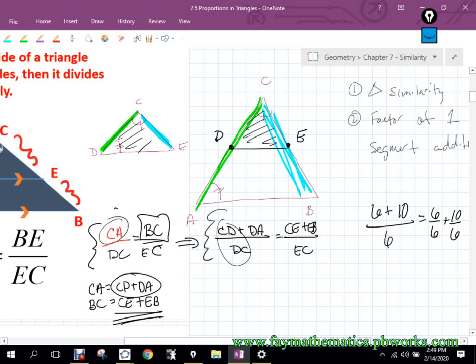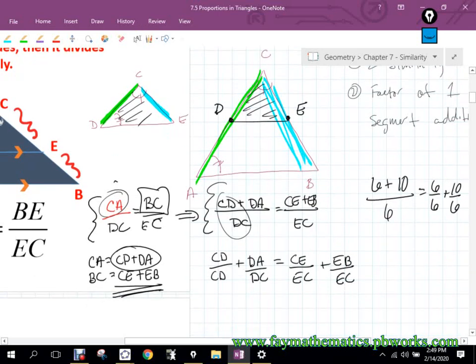We can break that up to CD over CD, or CD over DC, how do you want to write it, plus DA over DC. And on the right-hand side, we can go CE over EC plus EB over EC, right?